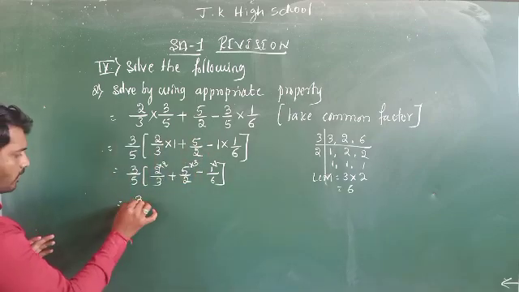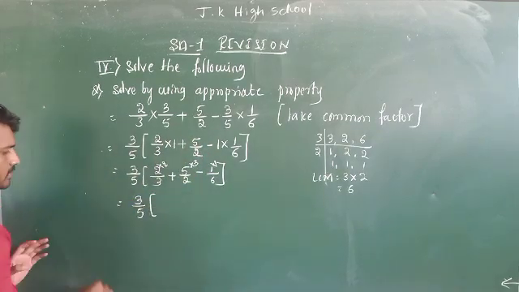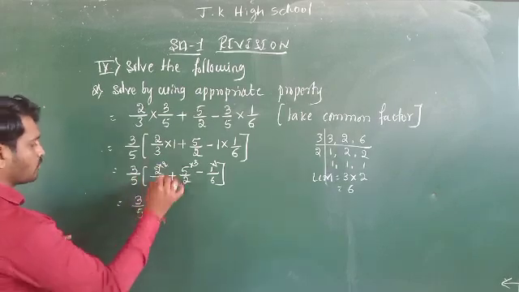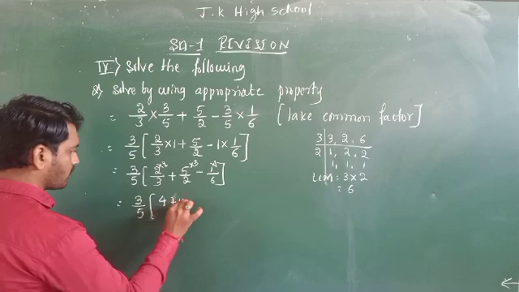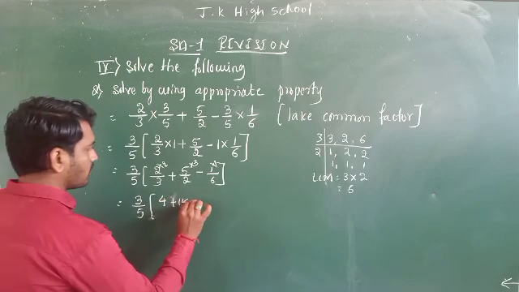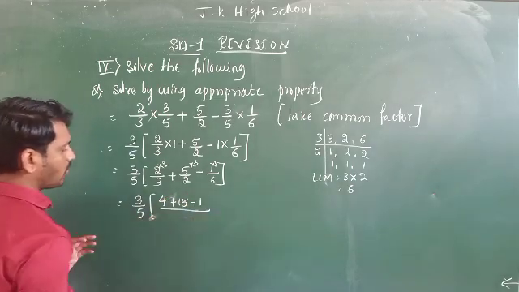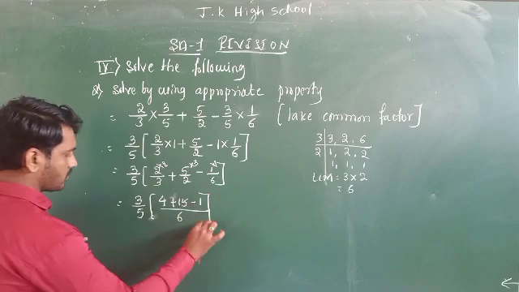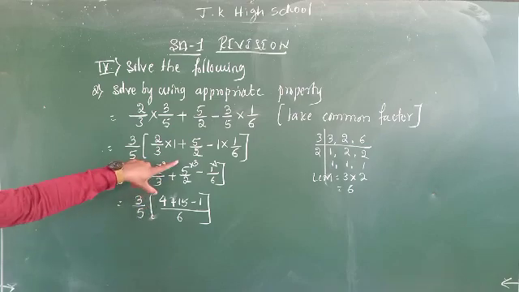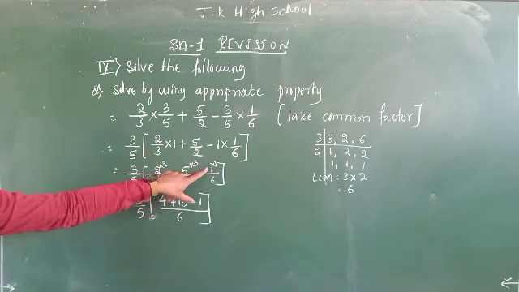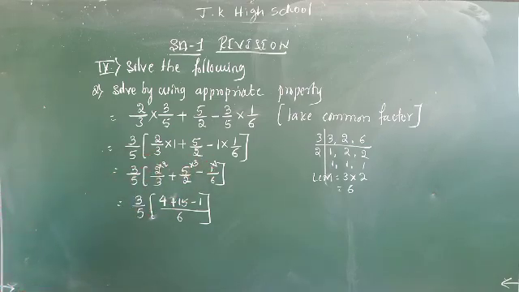And finally, 3 by 5, keep as this. 2 2s are 4, 5 3s are 15 minus 1 whole divided by 6. Correct? 2 2s are 4, 5 3s are 15 and 6 1s are 6.